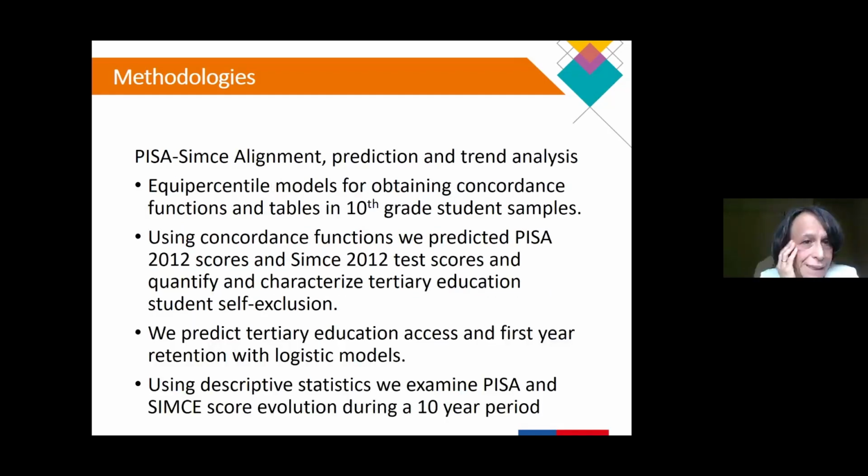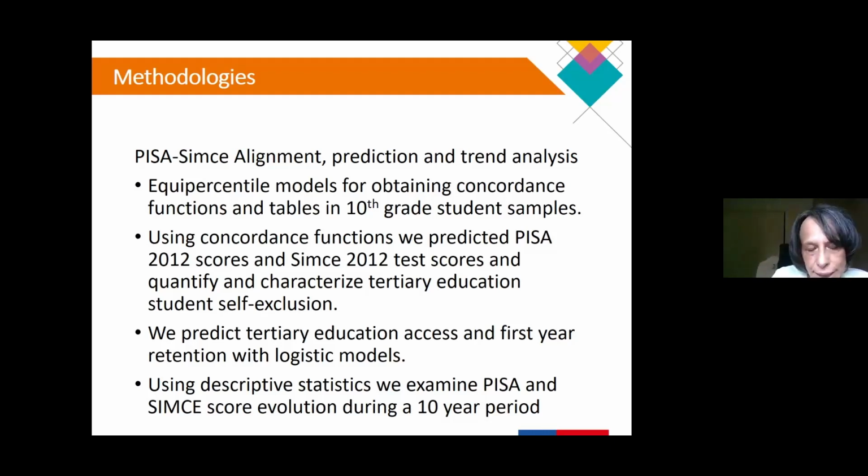For the PISA SIMSE alignment prediction and trend analysis, since PISA and SIMSE do not use the same IRT model, we make some equipercentile models for obtaining concordance functions and tables for the 10th grade student samples.